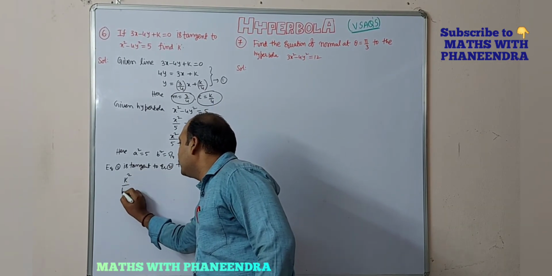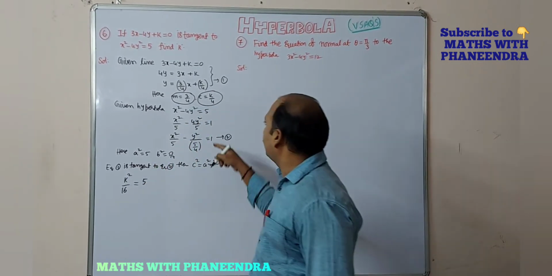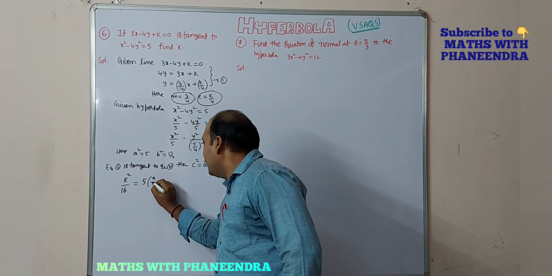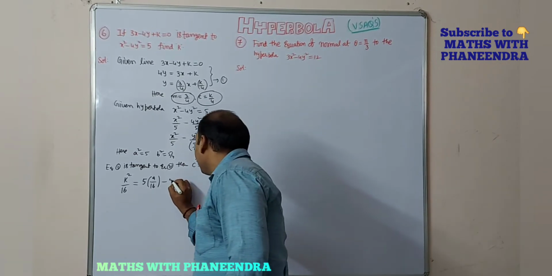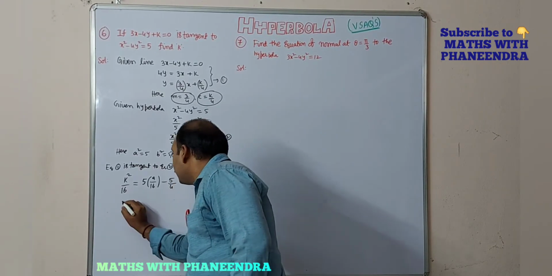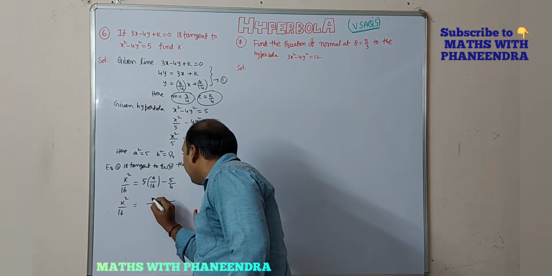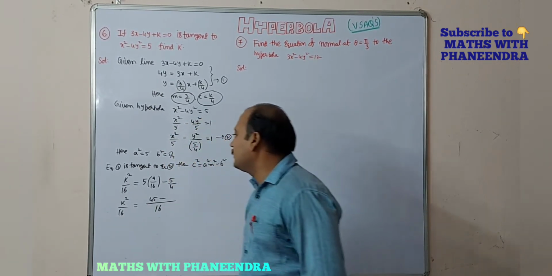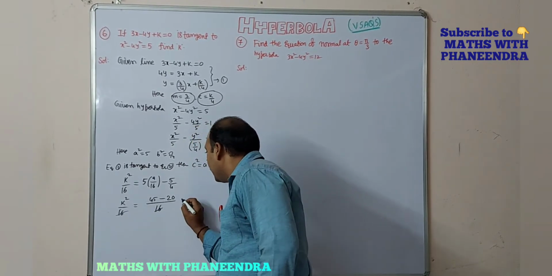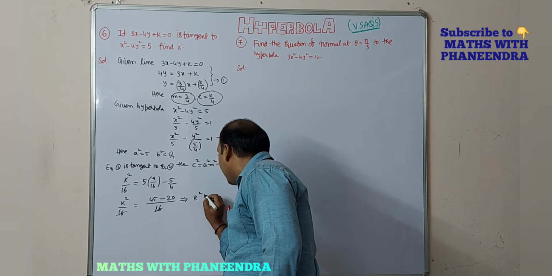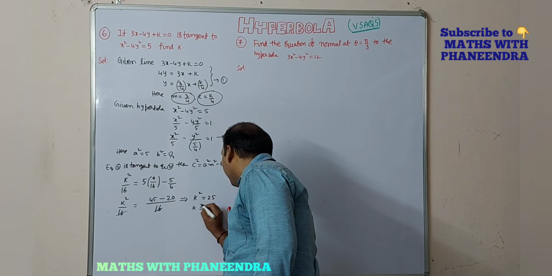So directly writing k square by 16 equal to a square 5, m square 3 by 4 whole square 9 by 16 minus b square 5 by 4. So k square by 16 is equal to, 16 LCM, 45 minus 4, 4 is 4 into 5, 20. 16 get cancelled. That implies that k square is equal to 25. K is equal to plus or minus 5.